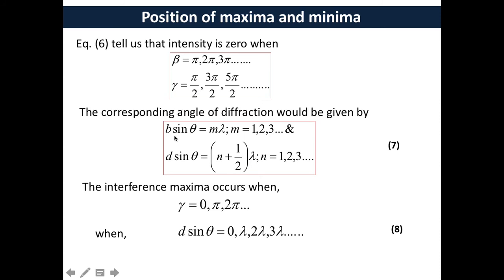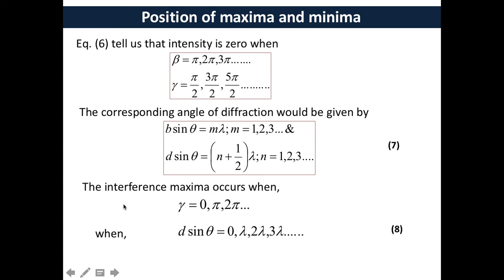So for pi, 2 pi, 3 pi, here it is m lambda, here it is n plus 1/2 lambda. And this is regarding the minima.